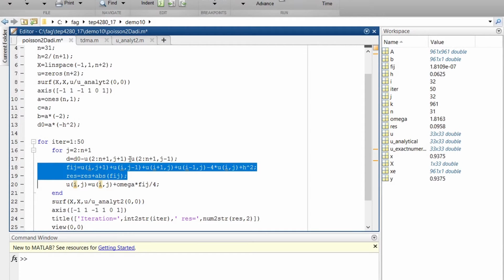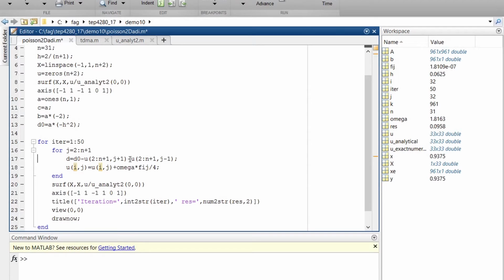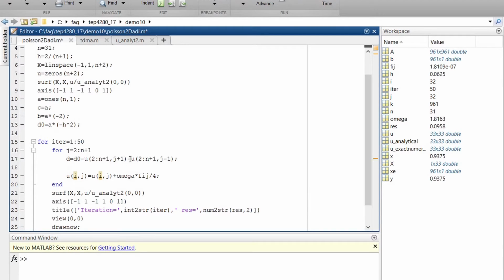There we have the right hand side. And then we are ready to solve the tridiagonal problem, finding a velocity field, and just call it v, equals TDMA of A, B, C, D. There we have it.